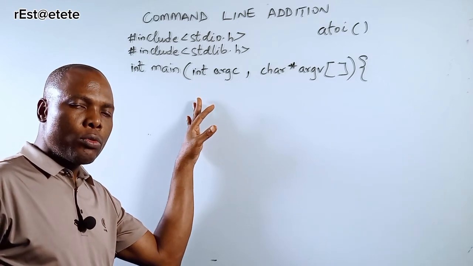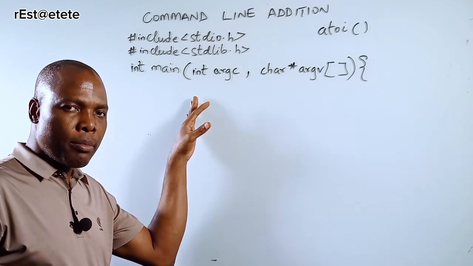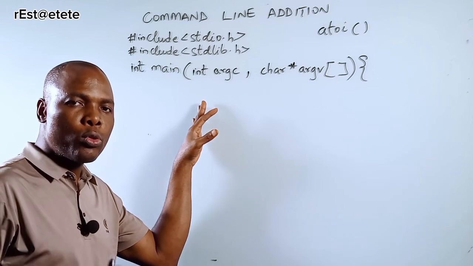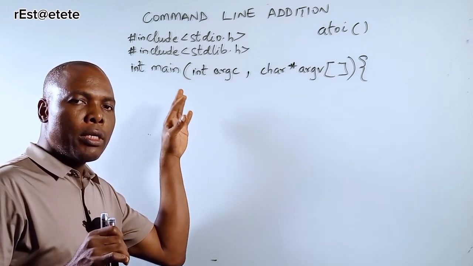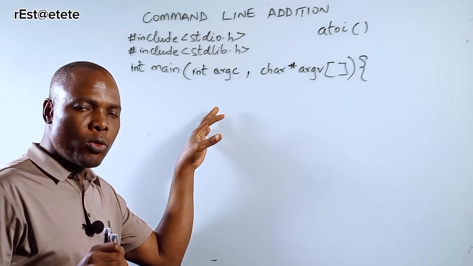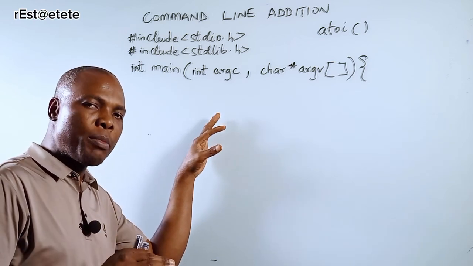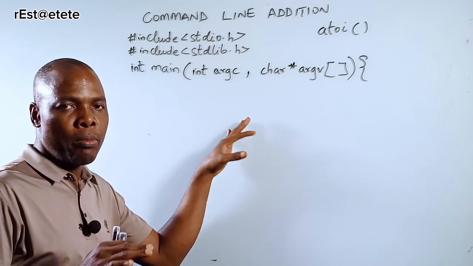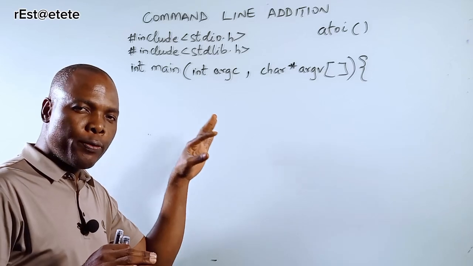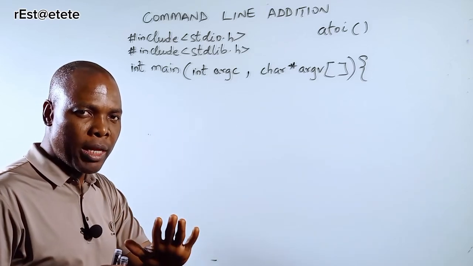Now, first, I want to instruct my program to force you to always supply two parameters. But the program name, when it is saved, will be what? The first parameter. Then two parameters will be supplied because I want to add just two numbers. So I'm going to force you to always supply two parameters.